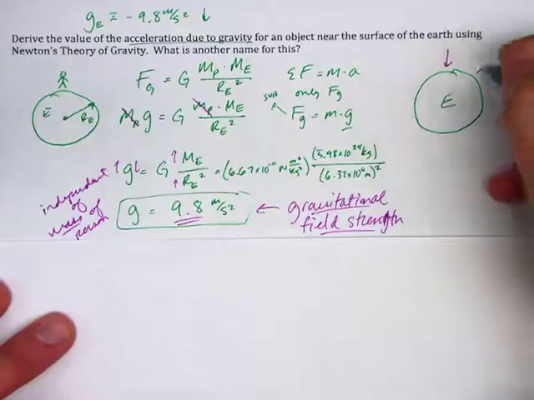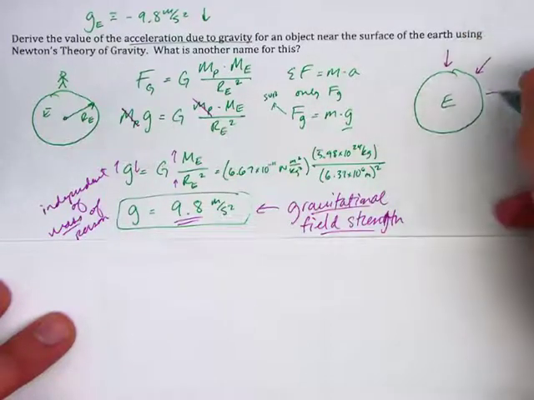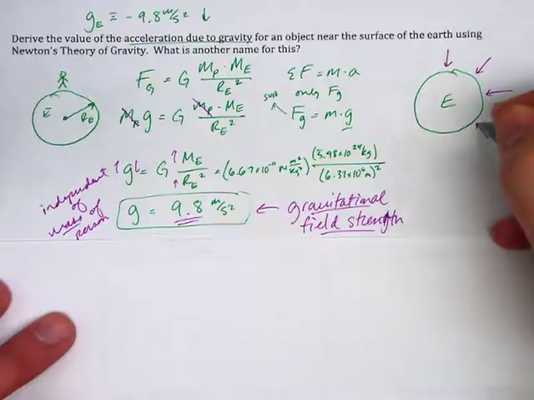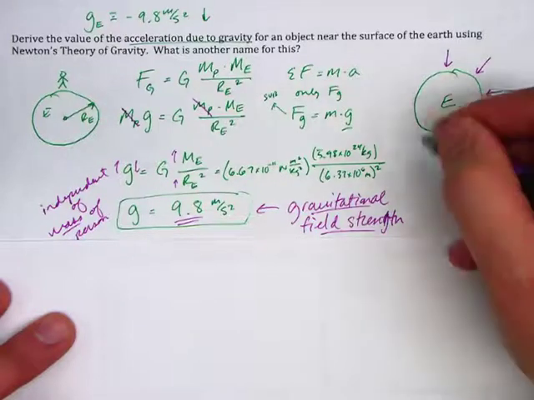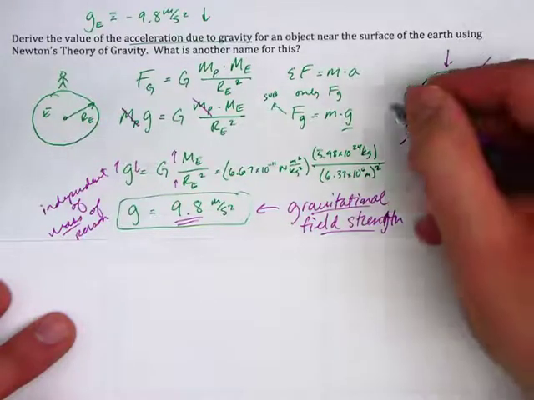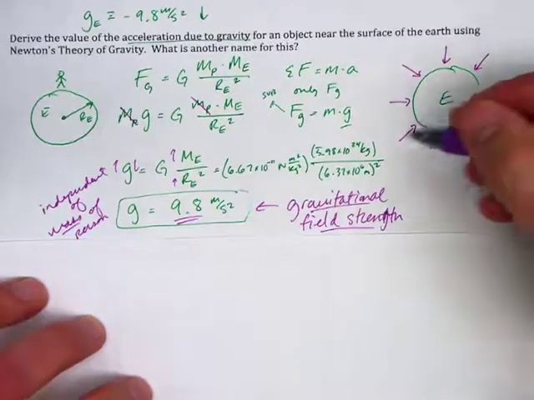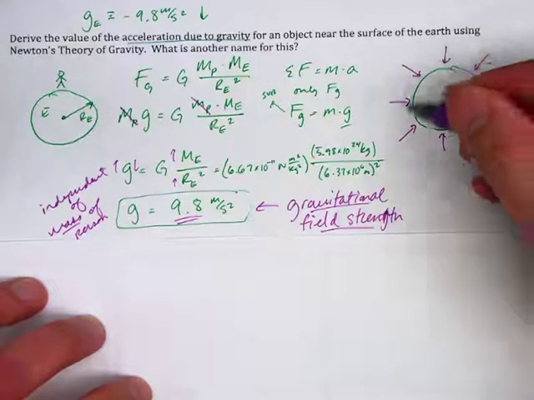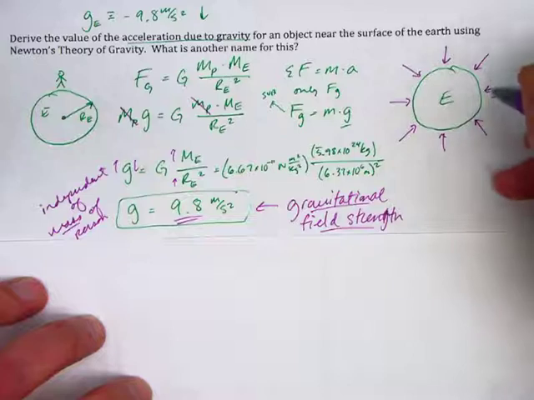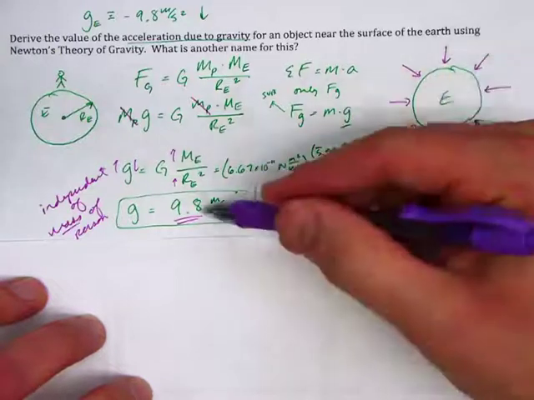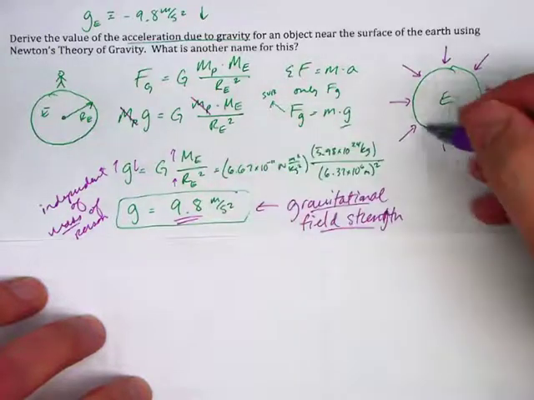And a vector field is a representation of the strength of the gravitational field in the direction in which it's acting at any given point. So if I'm near the surface of the Earth, no matter where I am located, I'm going to feel a certain gravitational field, 9.8 meters per second squared, towards the center of the Earth.